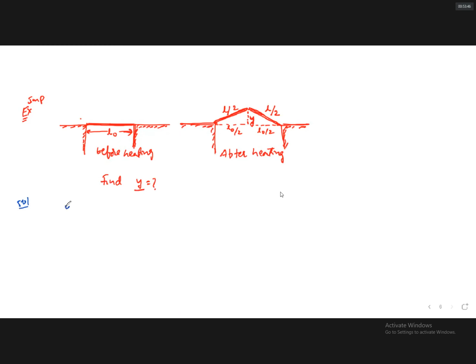Therefore, from the diagram, y is equal to the square root of (L by 2) whole square minus (L0 by 2) whole square. Here L by 2 is equal to L0 by 2 into (1 plus alpha delta T).